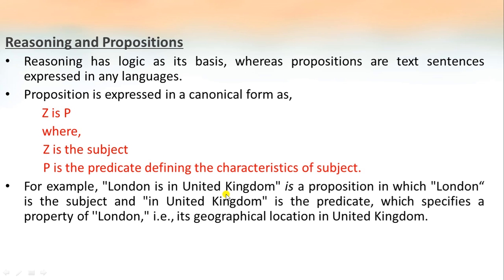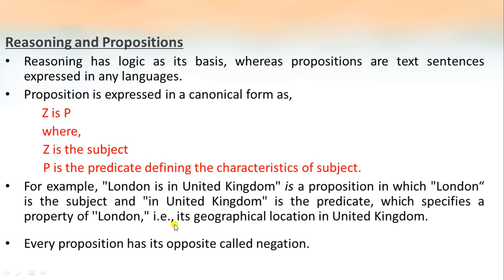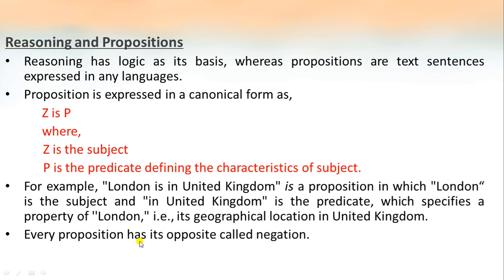So this predicate specifies the property of the subject. That means in United Kingdom specifies the property of London, that is, its geographical location in United Kingdom. Also, every proposition will have an opposite called negation.